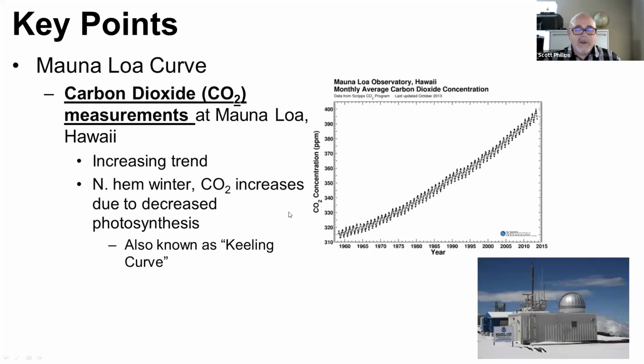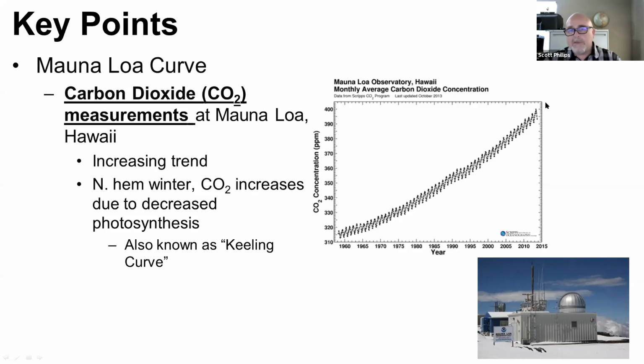All right, so you should know what this is. This is called the Mauna Loa curve. And the Mauna Loa curve specifically is measuring carbon dioxide in the atmosphere. And I want you to know that. What is being measured on that Mauna Loa curve? Carbon dioxide. A couple notes about it. The most notable thing is its increasing trend.